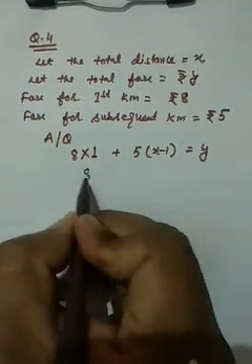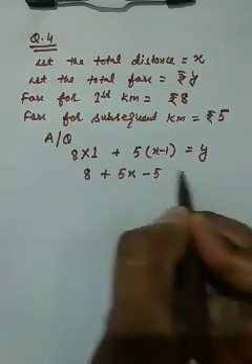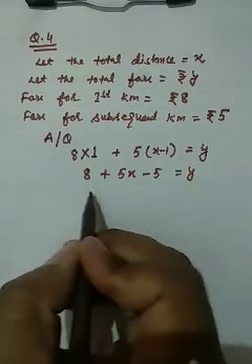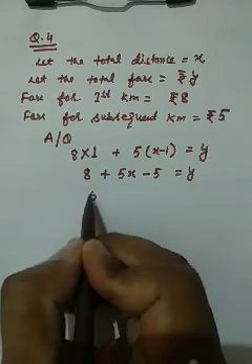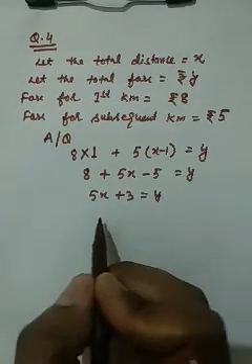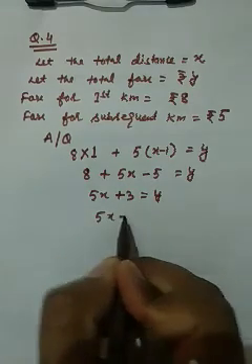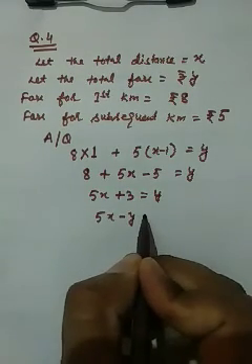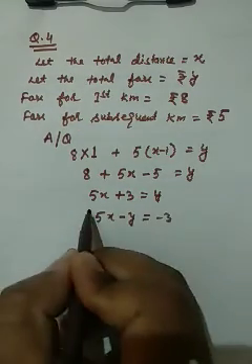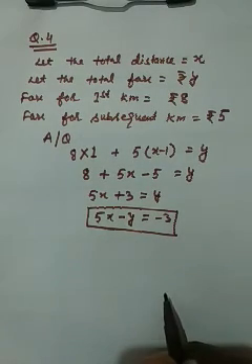This is 8 plus 5 into (x minus 1), that is 5x minus 5 is equal to y. Actually, this will be 5x plus 3 is equal to y, or you can say this is 5x minus y is equal to minus 3. So this is the equation for this situation.